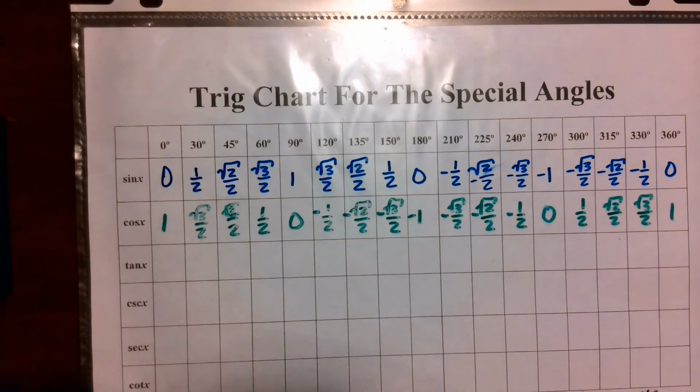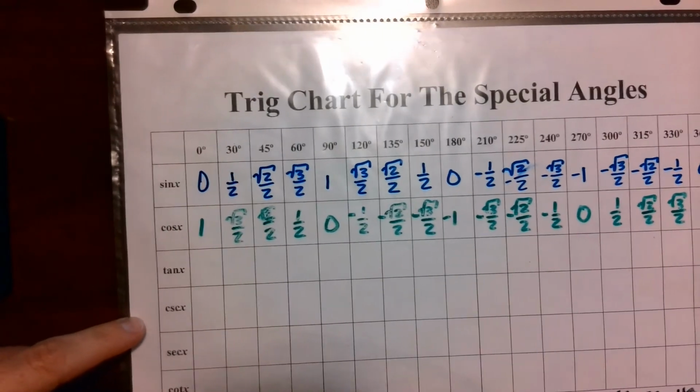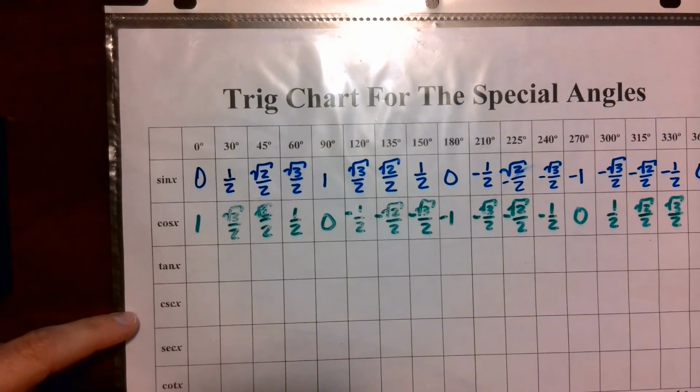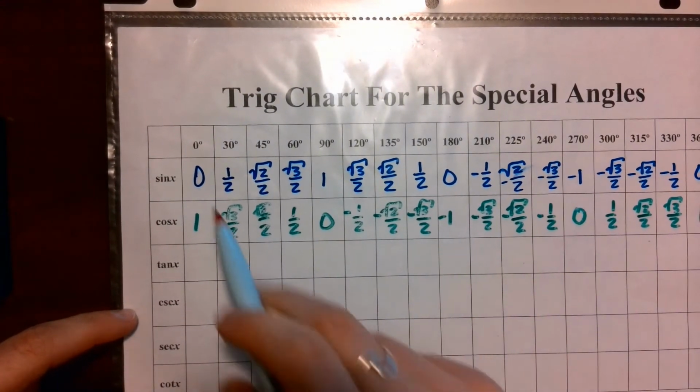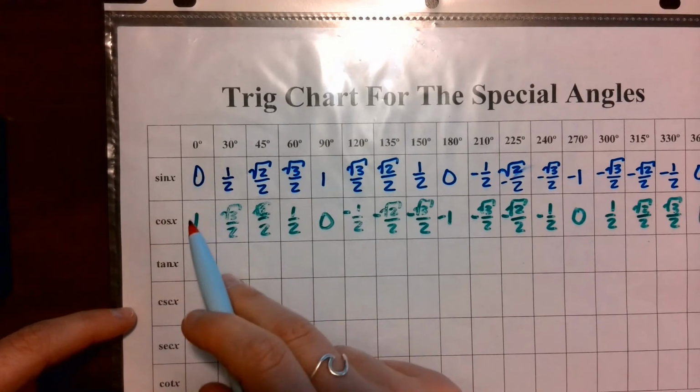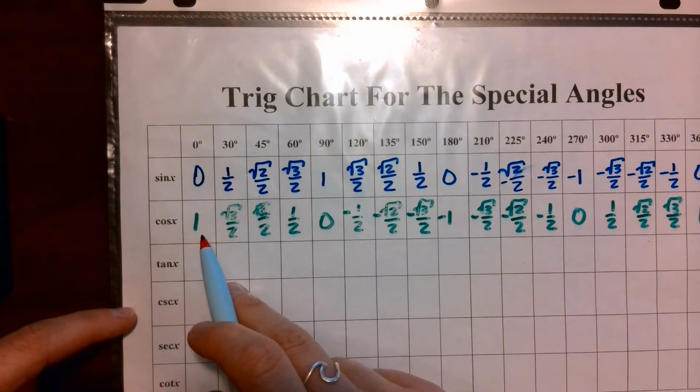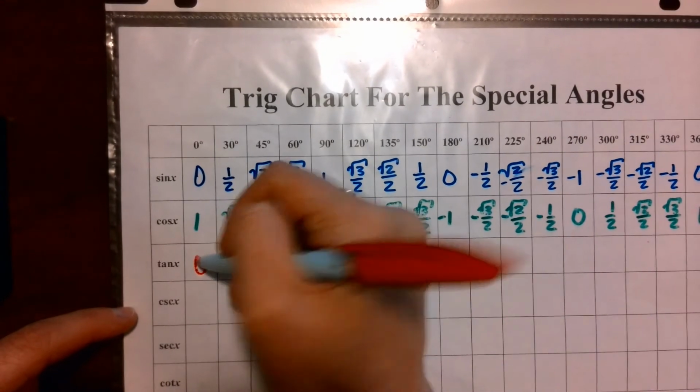Okay, so the last thing that we're going to do today is look at tangent. And we had already done one of these, but basically for every single one of these, I have to divide my sine by cosine, which is kind of nice the way that they're written because I'm just dividing that first row by the second row. So I've got 0 divided by 1 is just going to be 0.